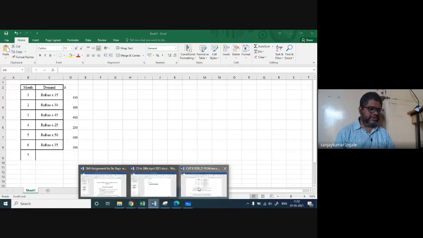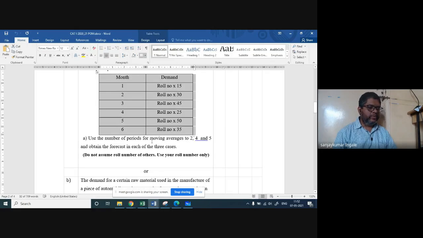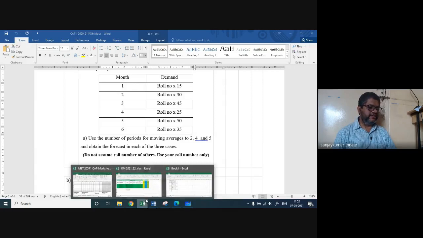If you read the question carefully: moving average for 2 period, 4 period and 5 period. Please try to understand, as similar examples may be there in the end semester examination also.